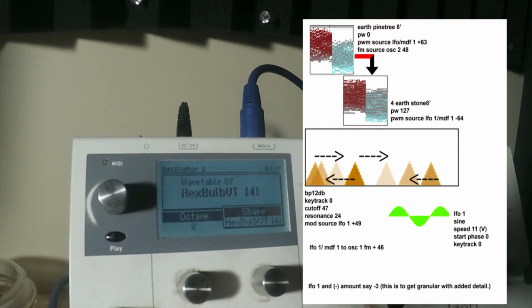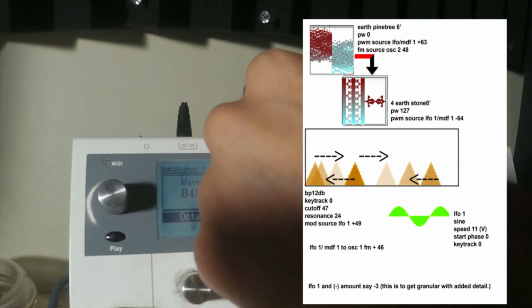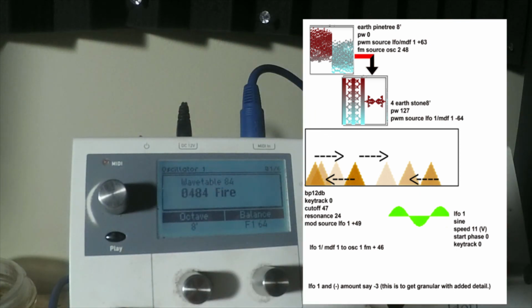Actually, let's heat these tubes up. Okay, now you see what fire looks like as its whole self at 8 foot.